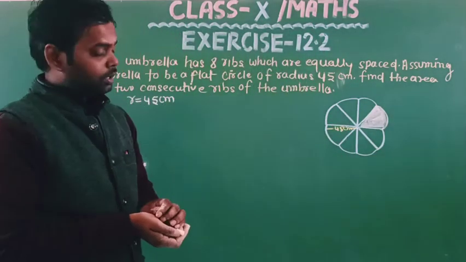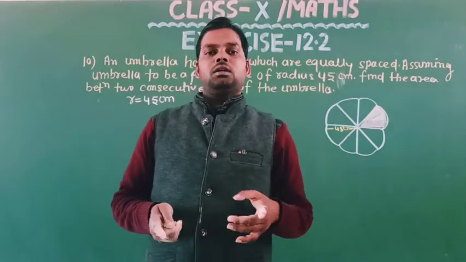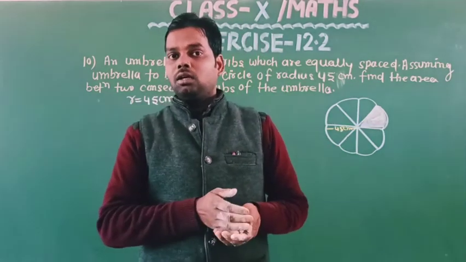So the area between two consecutive ribs is equal to 1 by 8 of the whole circle.